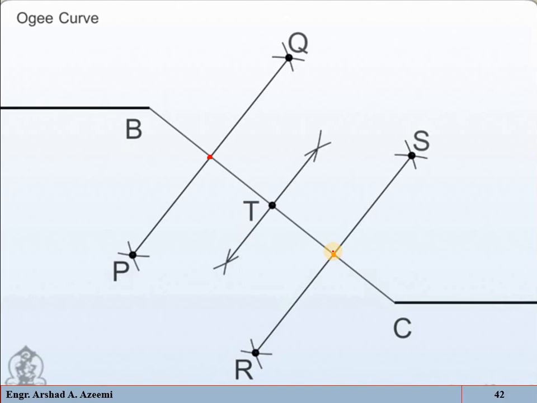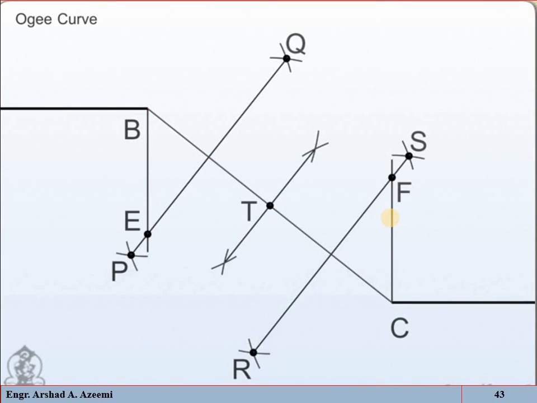Now draw a perpendicular to the AB line at the end point B and draw a perpendicular to the CD line at this point C. It will look like this. So this perpendicular will intersect the bisector line at point F, and this perpendicular will intersect the bisector at point E.